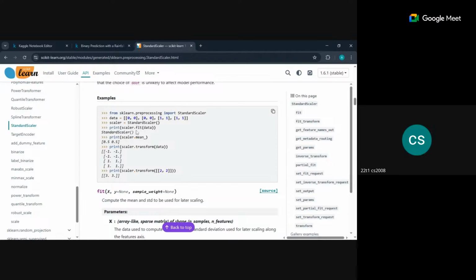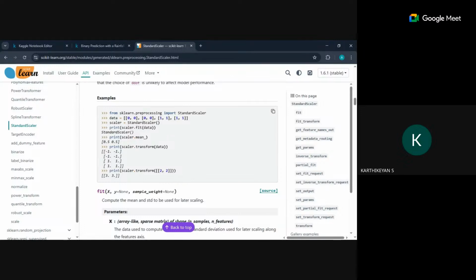Is it clear now, or do you still have doubt on this? I think I still need to see, because this is a pre-processing step. So I have a training data set and a test data set. We already split 80-20 or whatever it is.